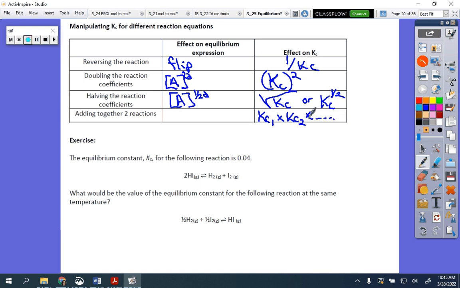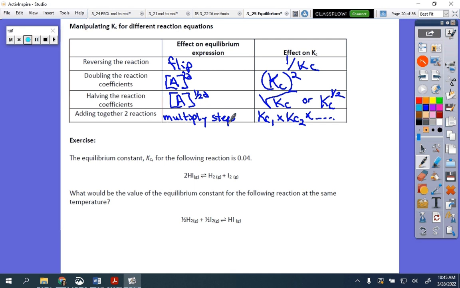So however many steps we have, I'm not going to write out that whole thing.